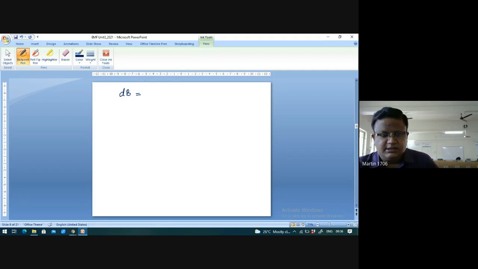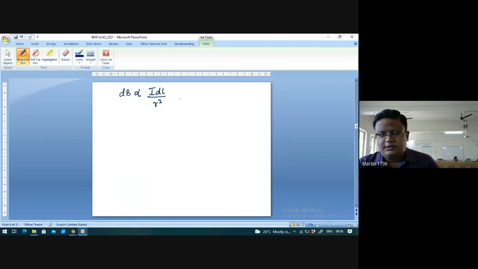So dB is directly proportional to IDL and inversely proportional to the square of the distance between them.